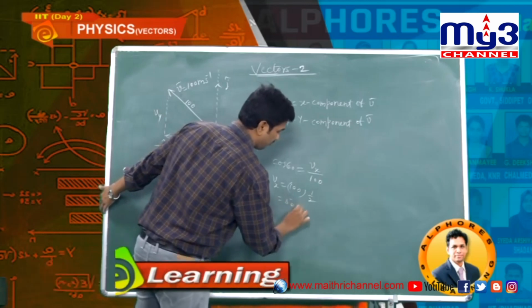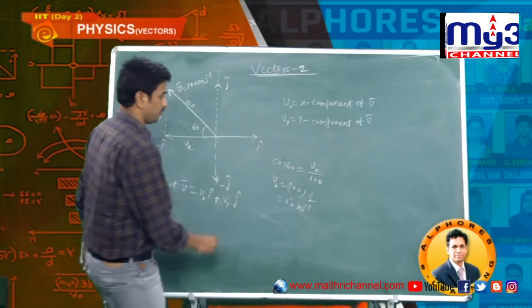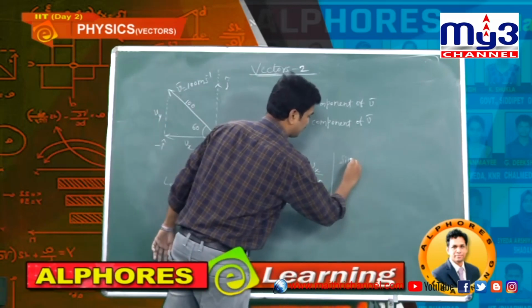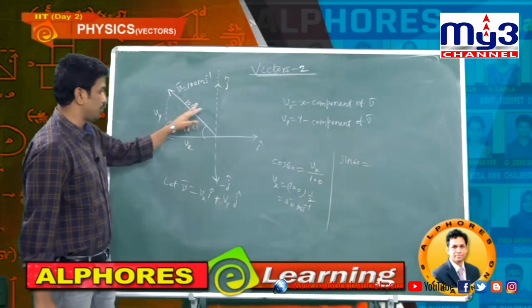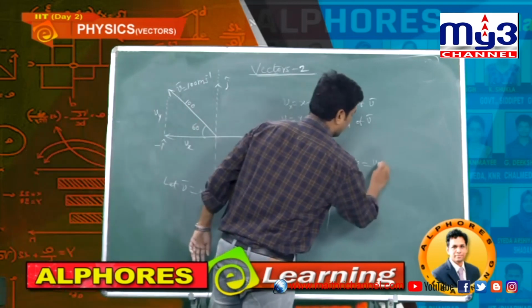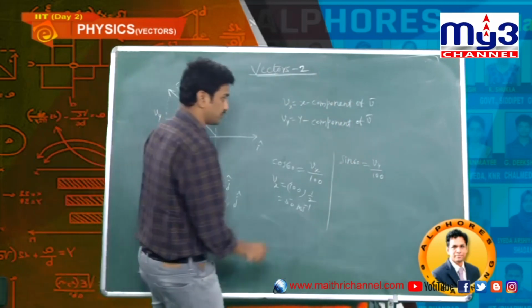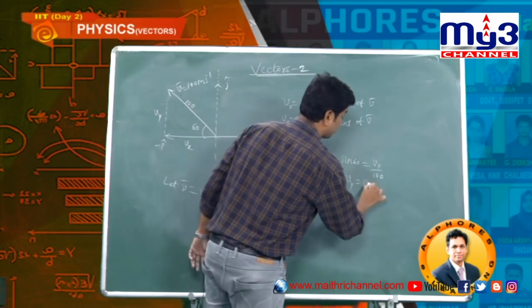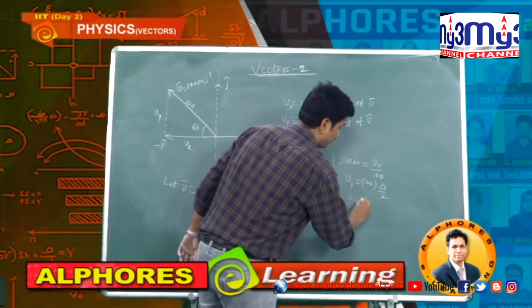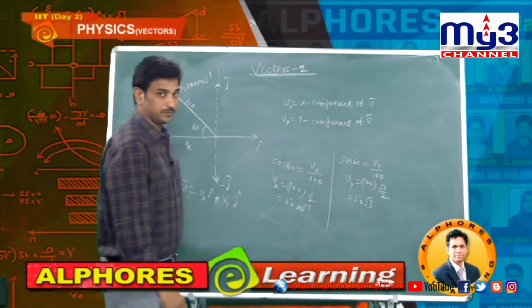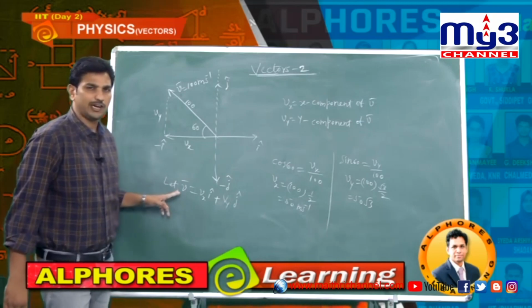So 50 meter per second is the x component of the given velocity 100. Now sin 60. Sin theta is opposite by hypotenuse, so Vy by 100. Vy is equal to 100 sin 60. What is sin 60? Root 3 by 2. So Vy is 50 root 3.